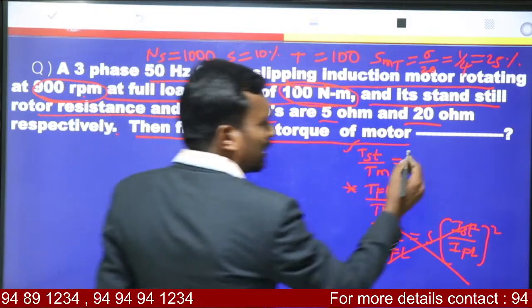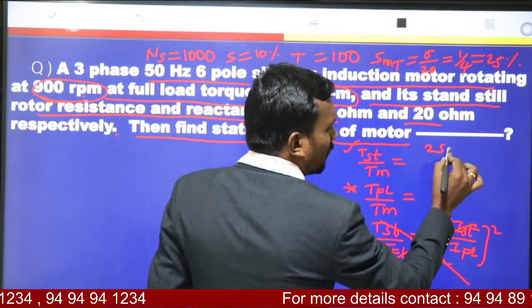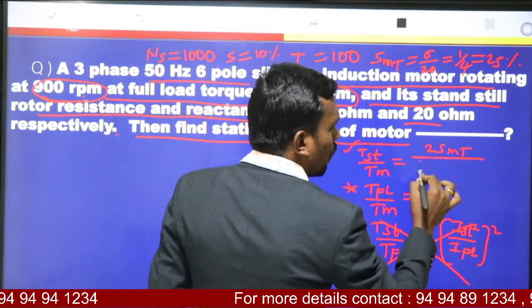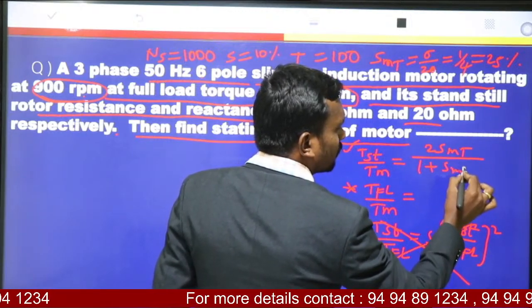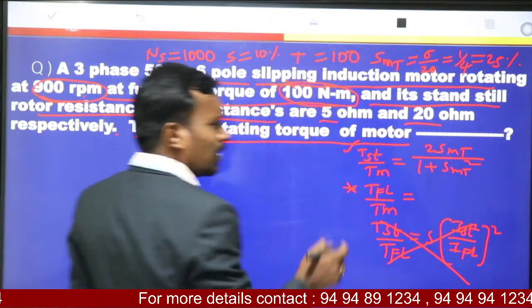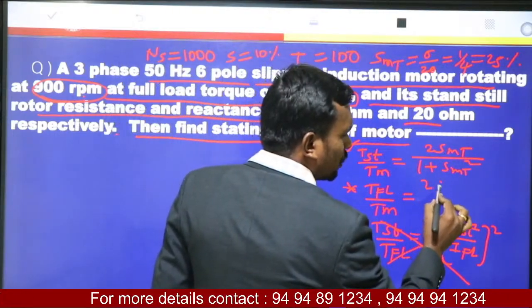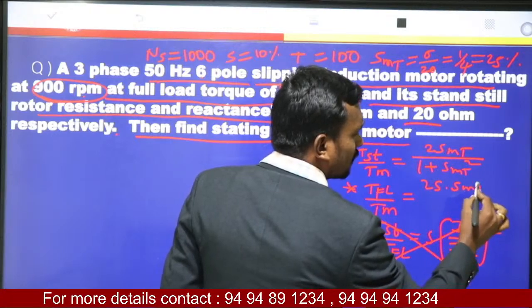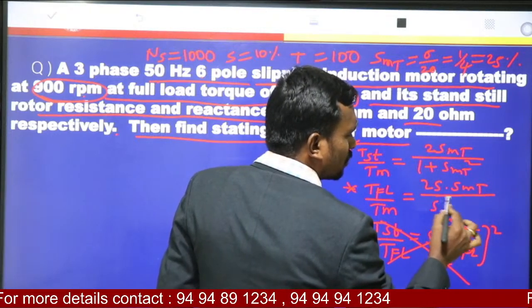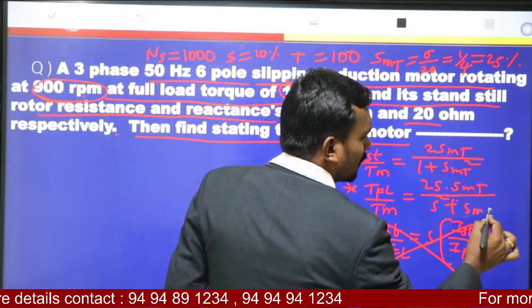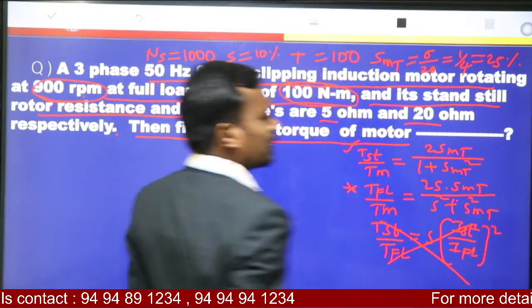So from this, it is 2 into SMT by 1 plus SMT square, and this is 2 into S into SMT by S square plus SMT square.